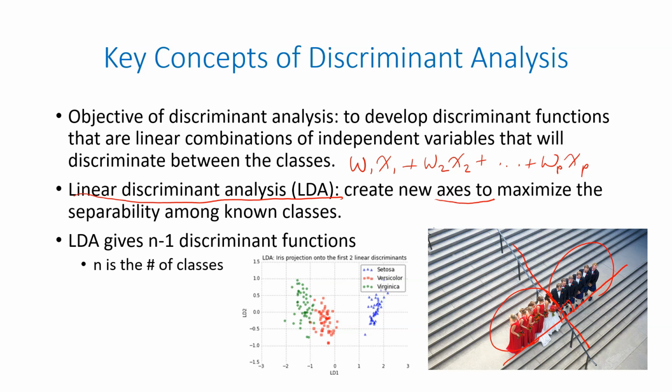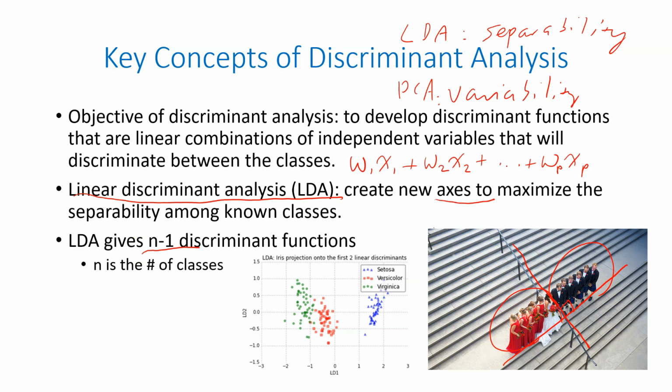However, in PCA, we use the new axis to maximize the variability of the data, whereas in LDA, we use the new axis to maximize the separability of the classes.